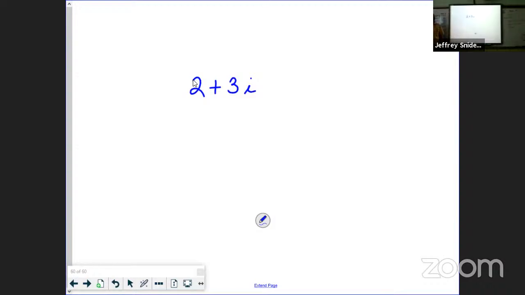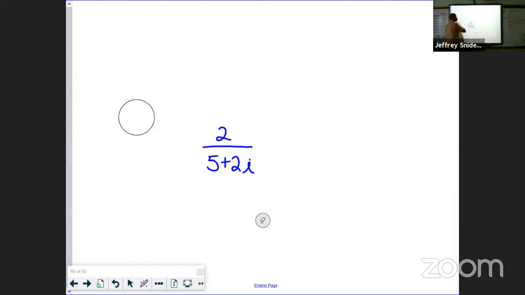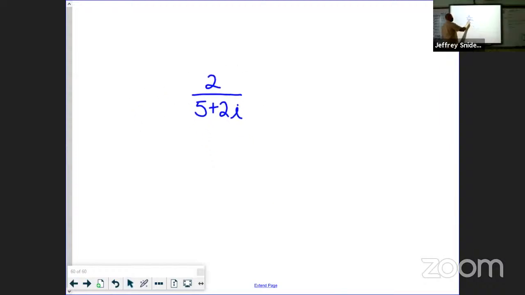Complex numbers we dealt with in here, okay? And then we had some problems in here where I made you do this. Remember those? When we were dividing, remember doing this? Does anyone remember what we did with this?